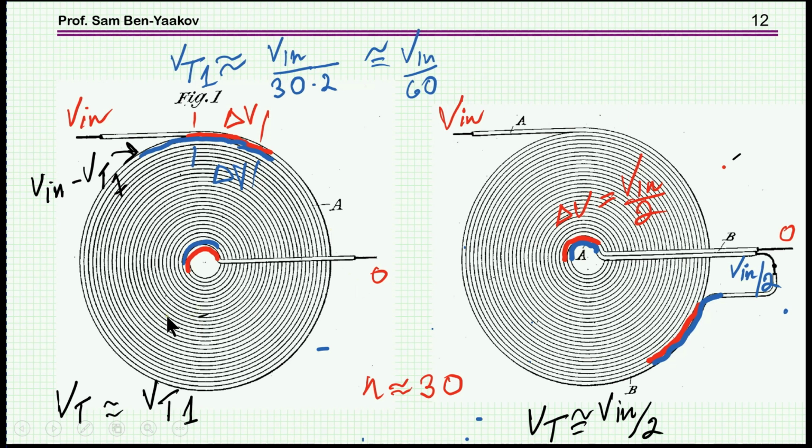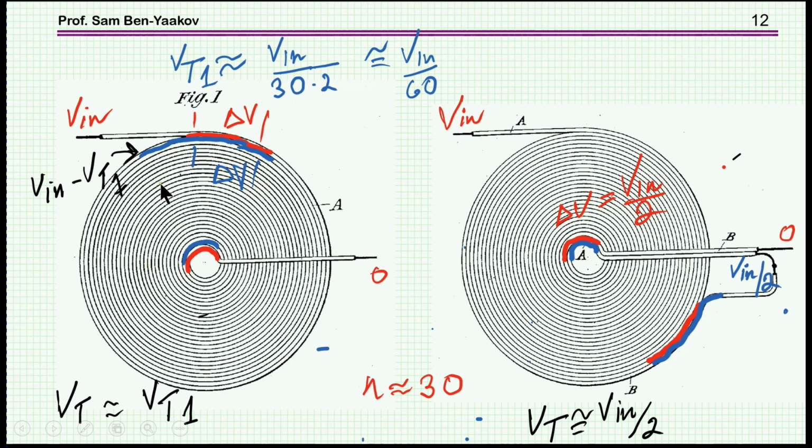Well, if we look at the original conventional winding, we see the following. We start here, then we go all the way back, and then we come up here. Obviously, there is a voltage difference between V in and the voltage here of 1 turn. If all the turns had the same diameter, the difference would have been V in over 30.